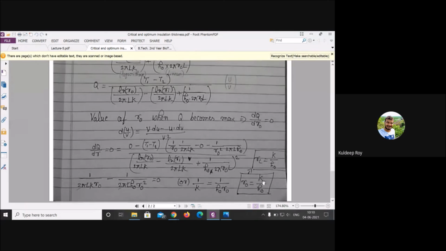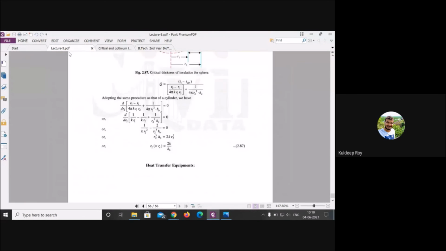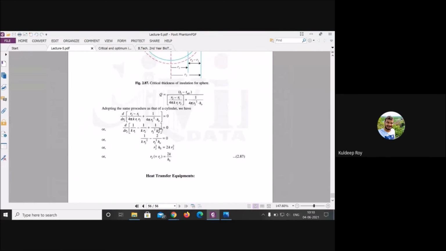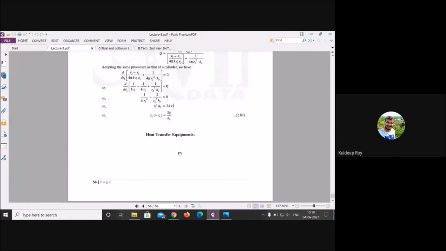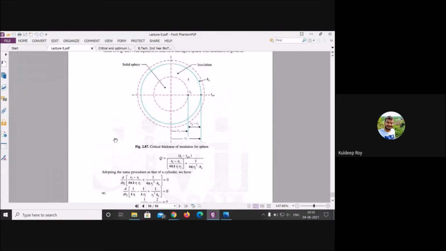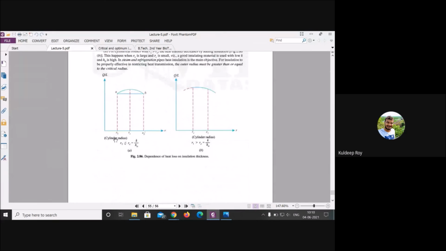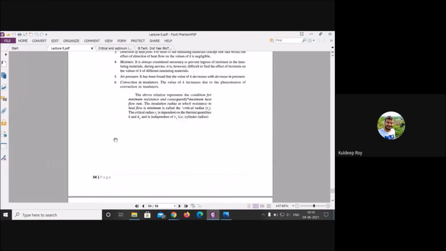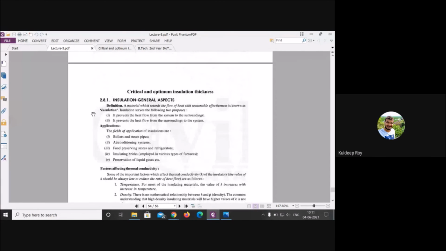You have got K by H naught, and for the sphere, you have got 2K by H naught. Okay, have you got my point? Yes or no? I think you have got it. So this was your critical insulation thickness.